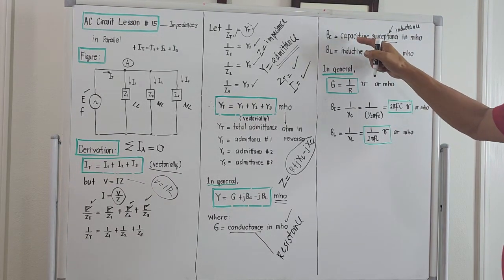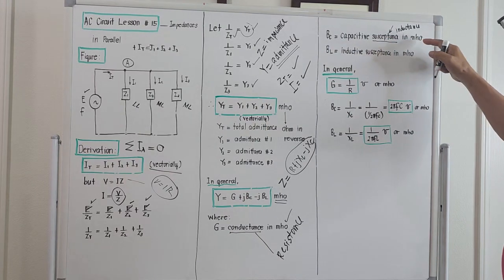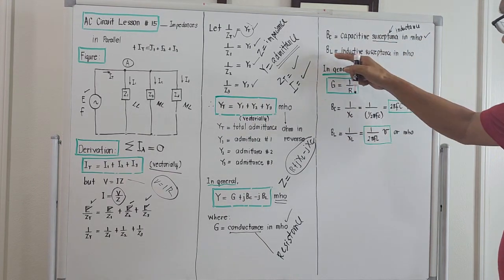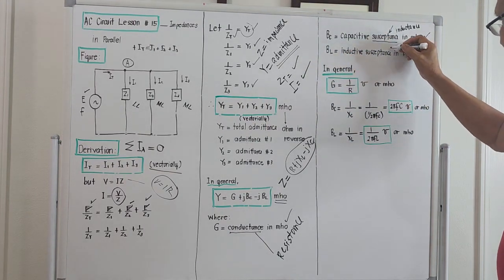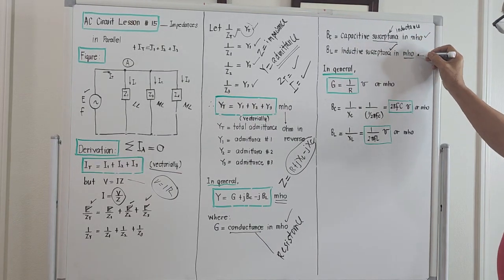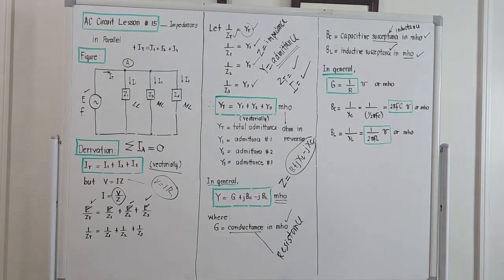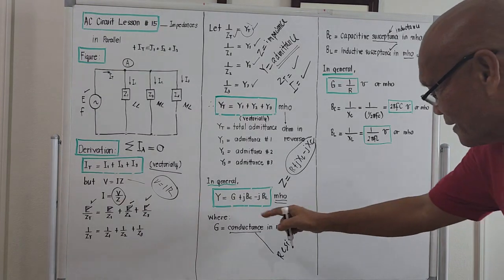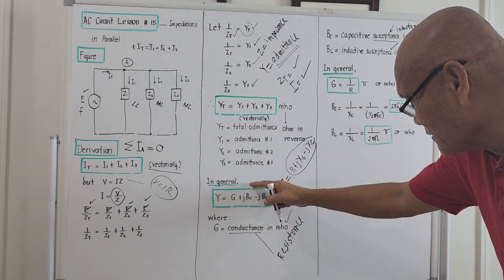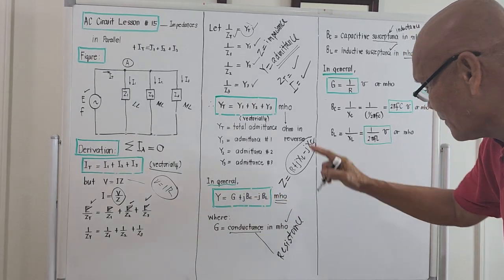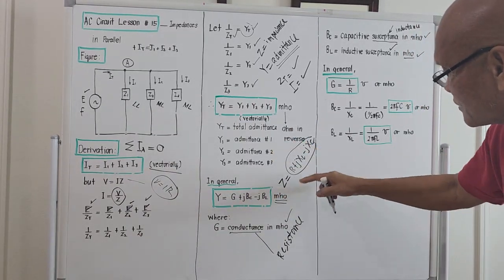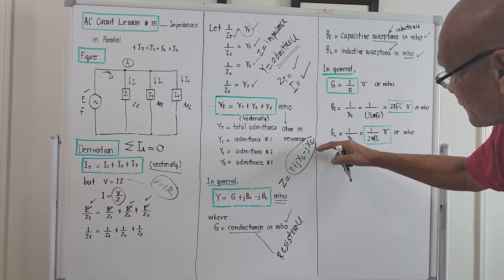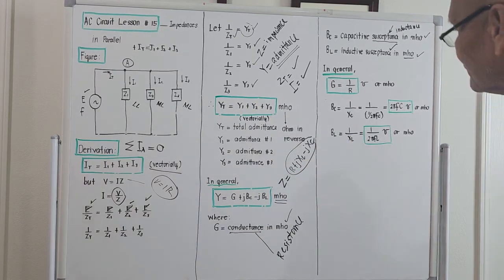So B sub C is capacitive susceptance, and the unit is mho, and B sub L will be inductive susceptance, and the unit is still mho. So you now know the difference. Under parallel circuit, Y is G plus jB sub C minus jB sub L, but under series circuit, Z is actually R plus jX sub L minus jX sub C.